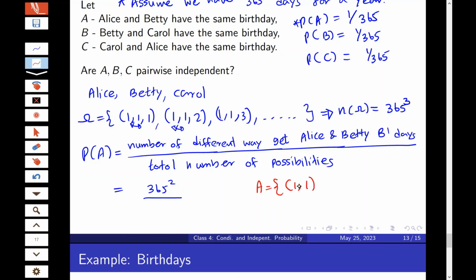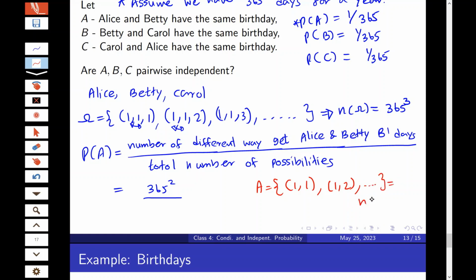So if we write only for A, we can write the event like this. 1 and 1 means Alice and Betty have the same birthday, and Carol has her birthday on the 1st as well. And 1 and 2 means Alice and Betty have January 1st as their birthdays, and Carol has her birthday on January 2nd. Likewise, we can write this pair.